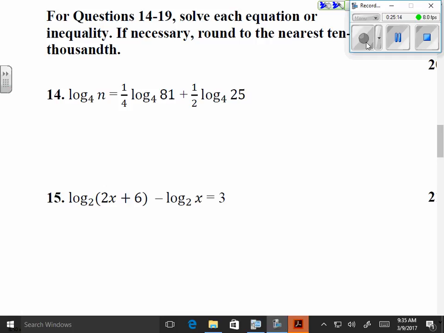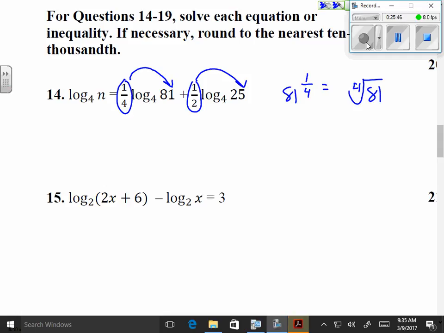So here's what we can do. We can take the 1/4 and make it an exponent, take the 1/2 and make it an exponent. A 1/4 as an exponent on 81 is the same thing as the 4th root of 81. 3 times 3 is 9, 3 times 9 is 27, 3 times 27, I hope, is 81.